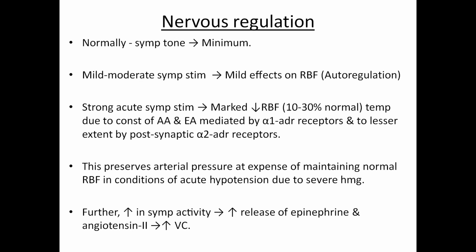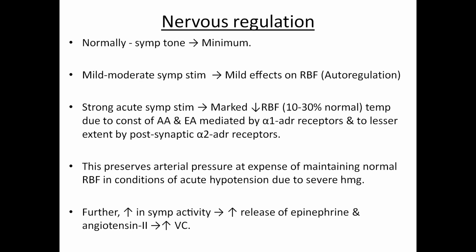However, when there is strong acute stimulation of sympathetic nerves, they may produce marked fall in renal blood flow, even up to 10 to 30% of normal, temporarily due to constriction of both afferent and efferent arterioles. And this effect is mainly by alpha-1 adrenergic receptors and to a lesser extent postsynaptic alpha-2 adrenergic receptors.